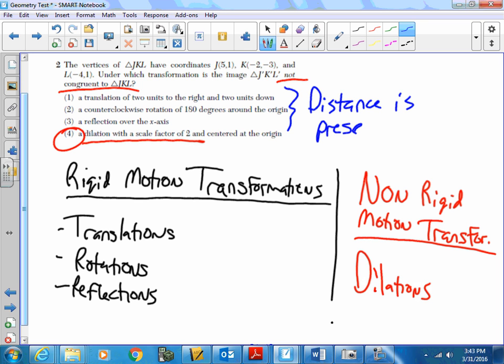So the size and shape is preserved. Remember, reflections, you're just folding on a line, maybe the x-axis, the y-axis, or y equals x or something like that. But the size and shape don't change, and the distance between the points does not change, right? So that is number 2.